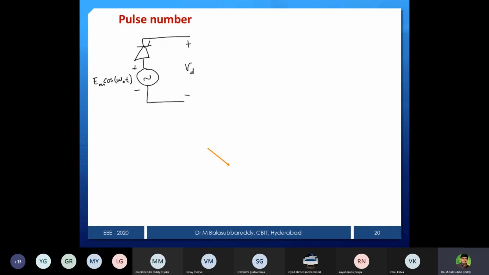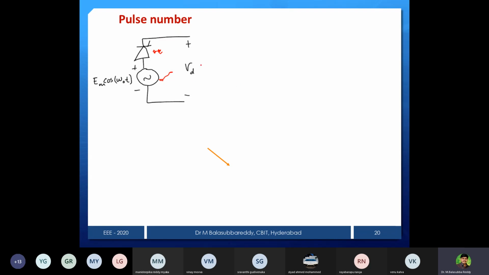In this aspect, we can see one thing. Here I am using a source, let it be Vm sin or Vm cos omega t, depending on at what instant you want to take it, and accordingly it will change. So let this be a source, and you can consider this one as a valve. Now if the valve is conducting, what is your output voltage?